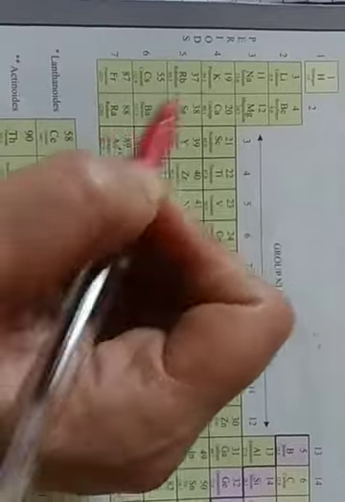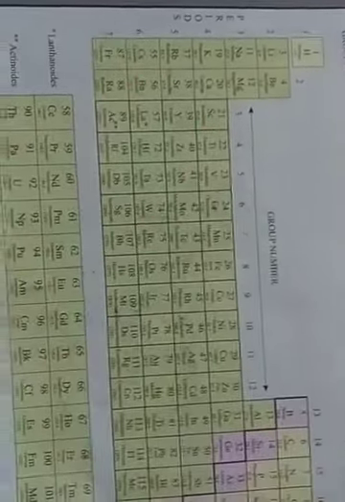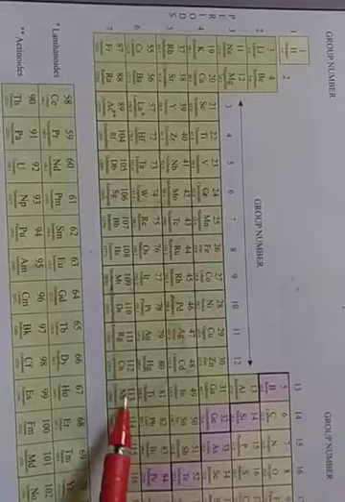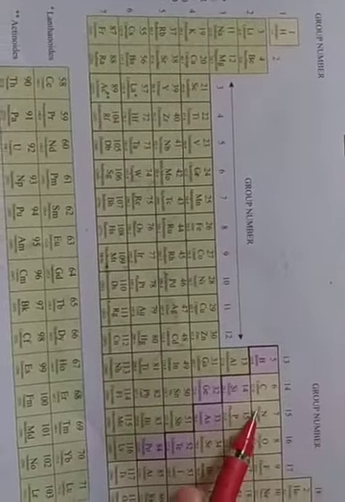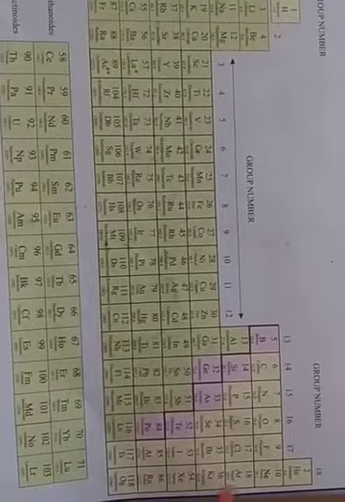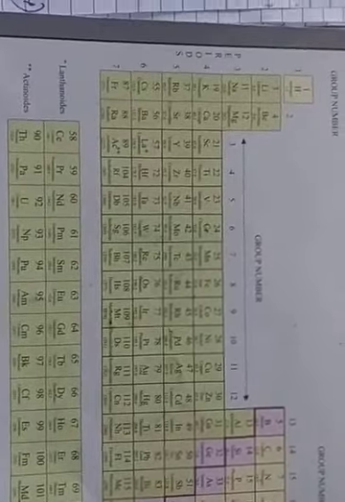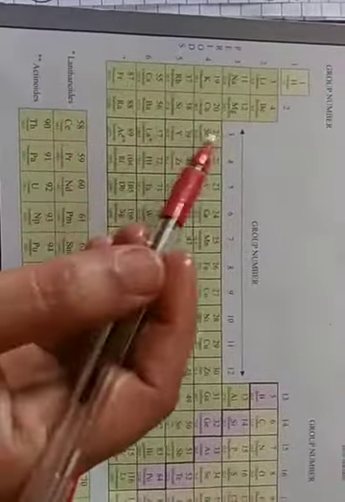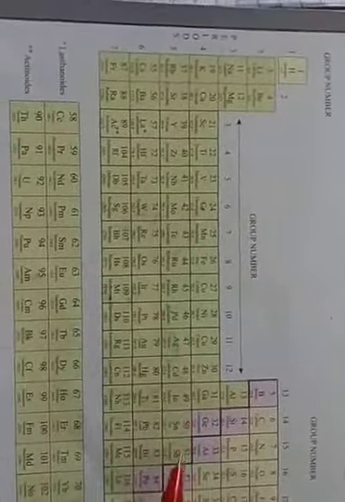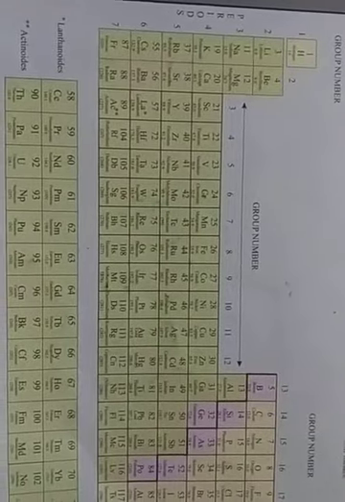Here plus 1 valency, plus 3 valency. All elements in the groups have plus 3, plus 4, and then minus 3, minus 2, minus 1, 0. So in the modern periodic table, elements having the same number of valence electrons are placed in the same group.